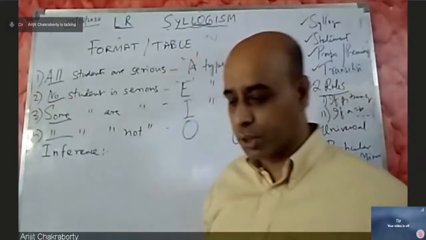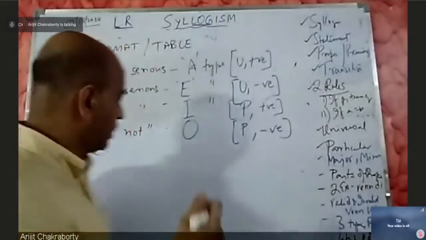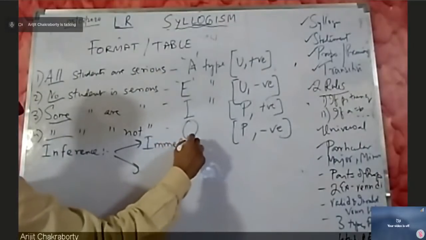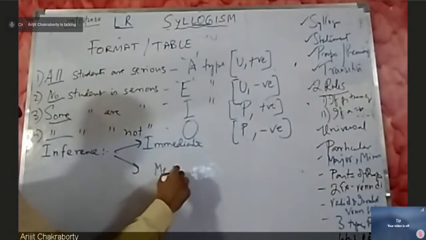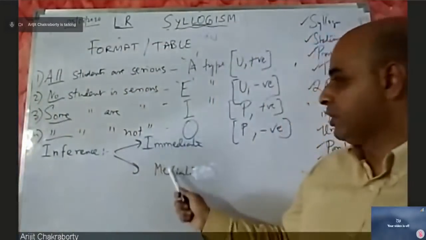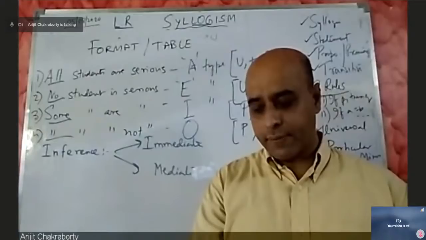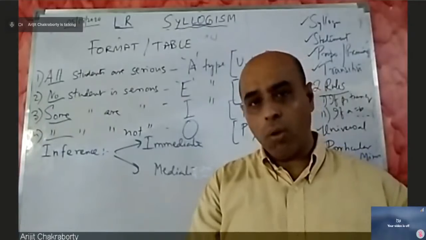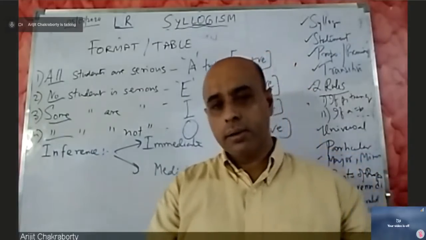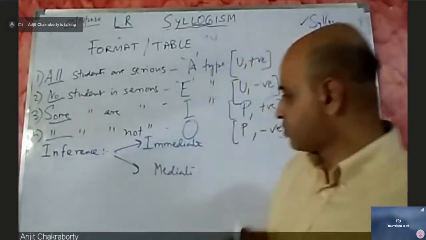Now, there are two types of inferences. One is called immediate inference, and the other is called mediate. Immediate and mediate inference. Now, if I say that all students are sincere, okay, first we'll take immediate.